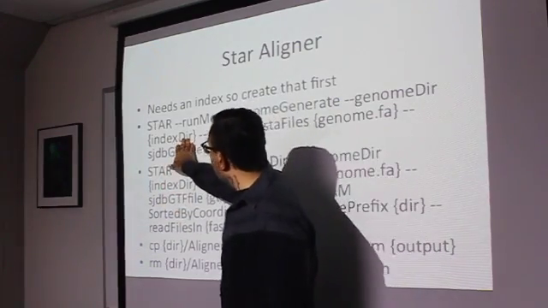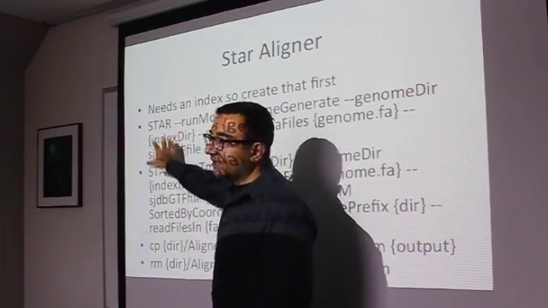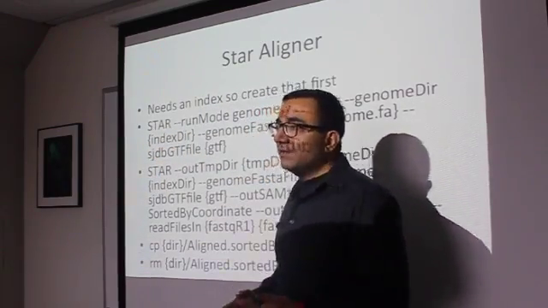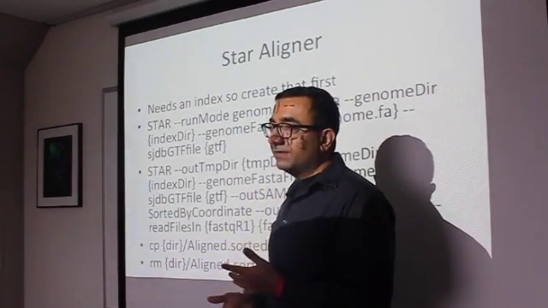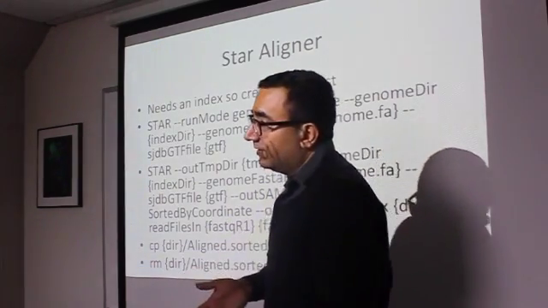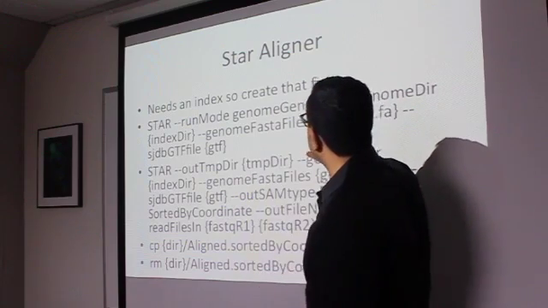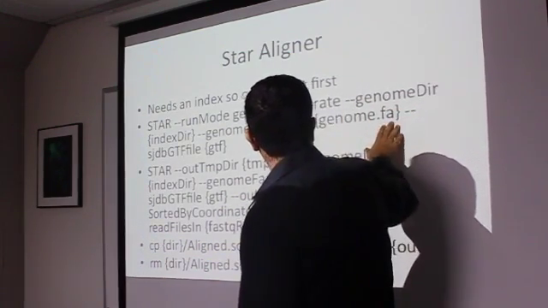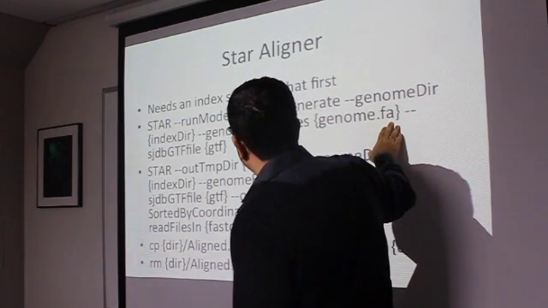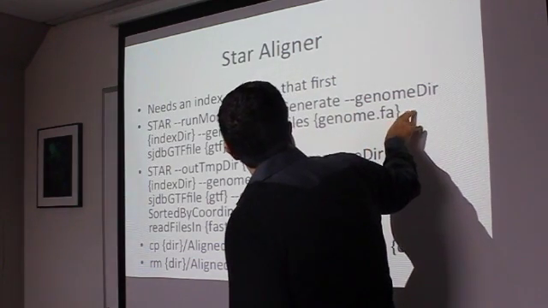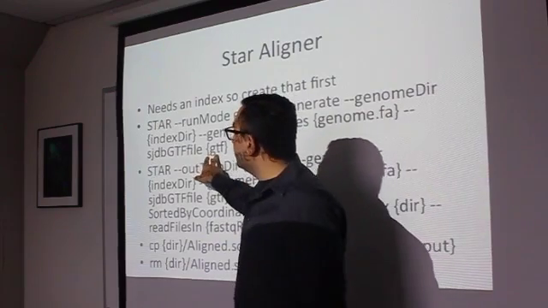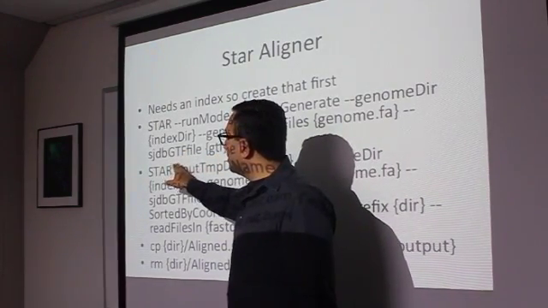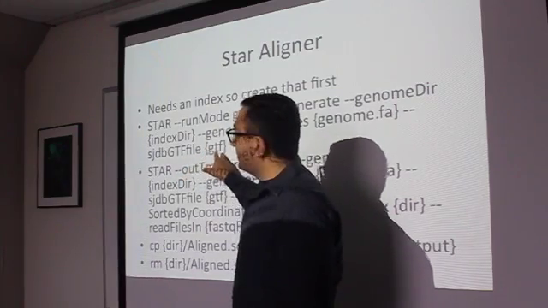Basically, the index directory is where you want to store the index. For any index you need a FASTA file, because that is the file the index will be created off of. So you need --genomeFastaFiles, where you specify your genome.fa. And if you want to specify the GTF file, the one that you downloaded, you can specify that using --sjdbGTFfile, space, GTF.